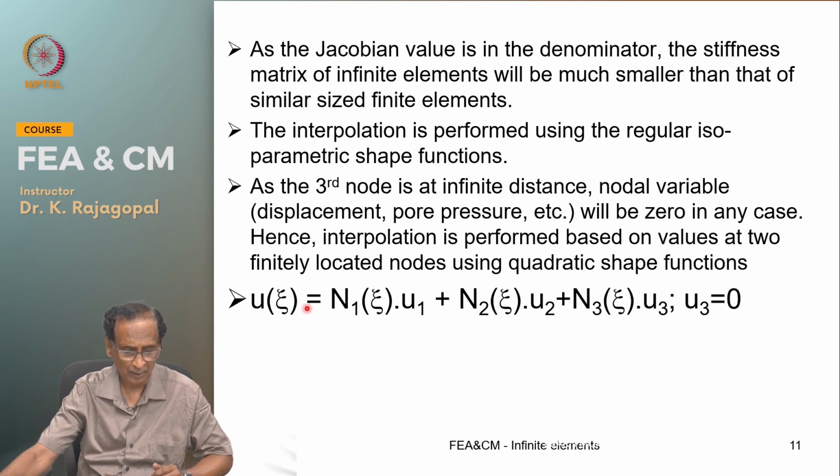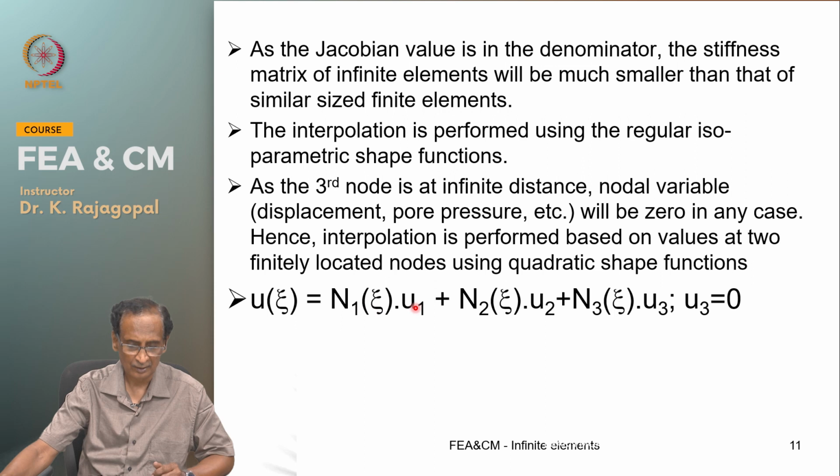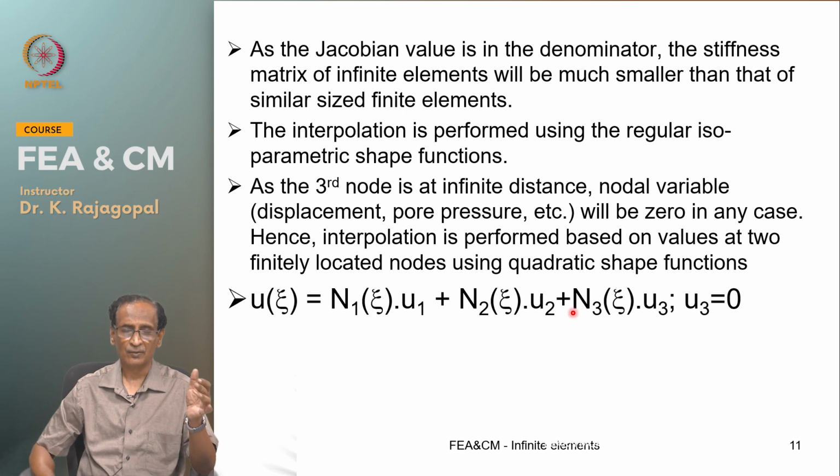Our interpolation for the field values is N1 U1 plus N2 U2 plus N3 U3, where N1, N2 and N3 are the well known shape functions that we have derived for the isoparametric elements.